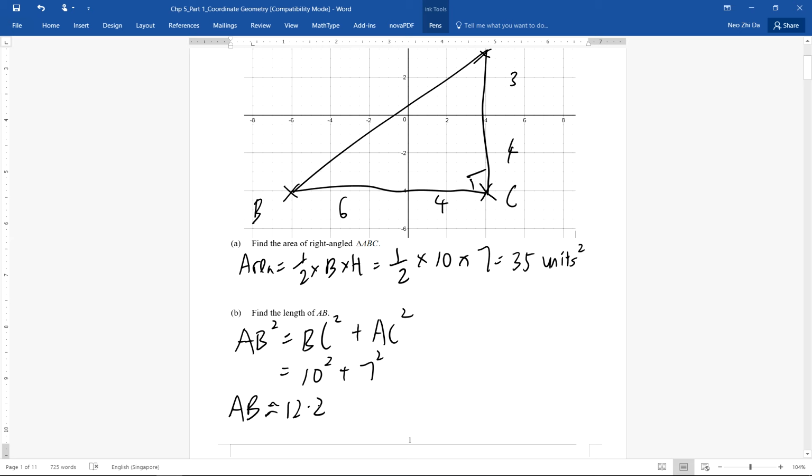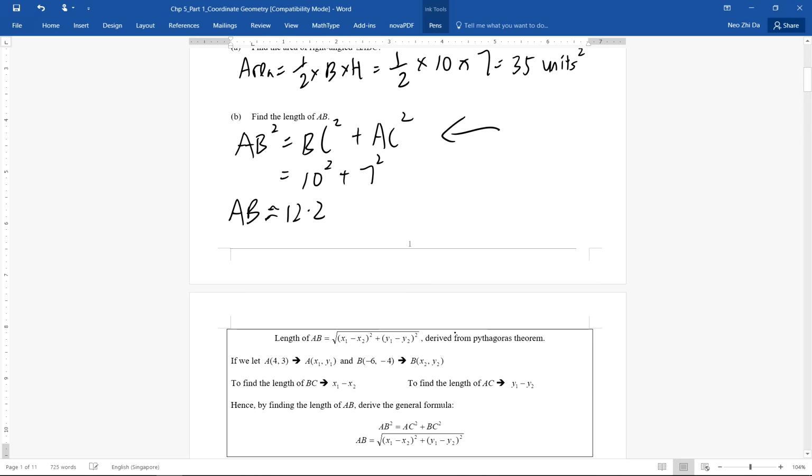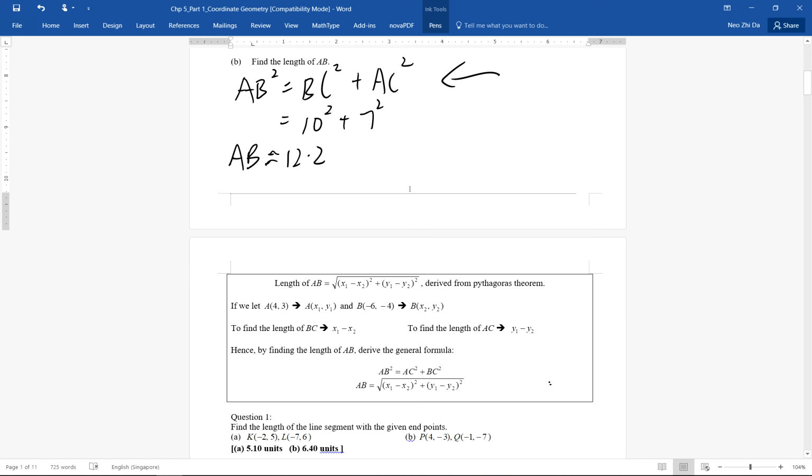What's the thing that I want you to learn from here? The length of a slanted straight line is derived. You can construct a right angle triangle and then use Pythagoras theorem. So the formula is derived from Pythagoras theorem.